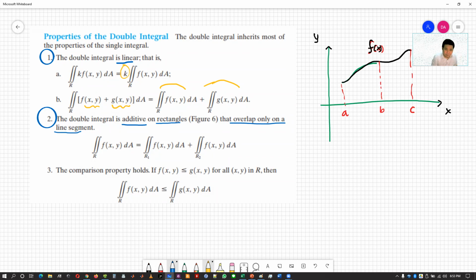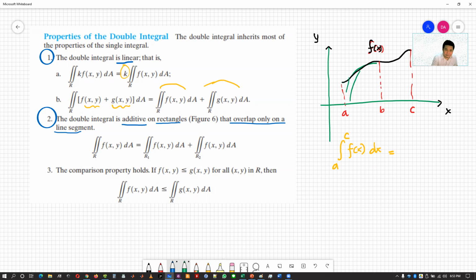So what is the integral of f(x) dx from A to C? How can we define it? We can split it into different domains.